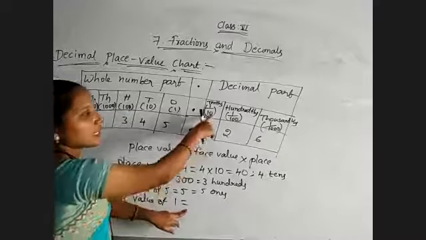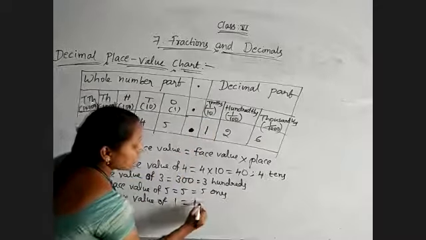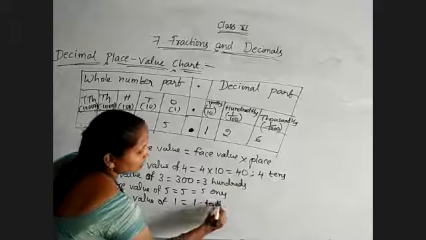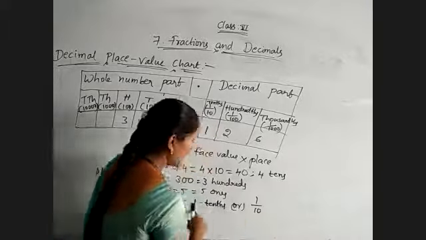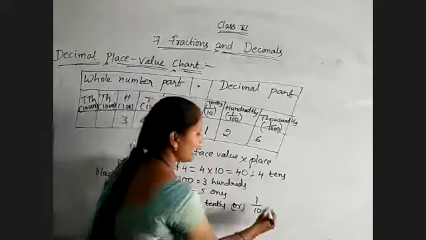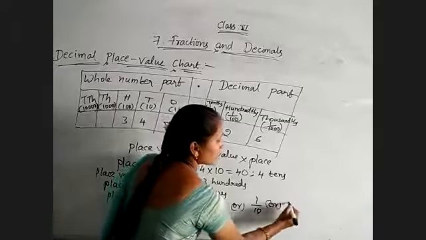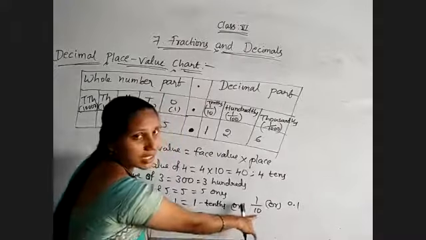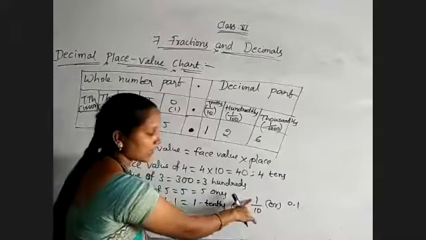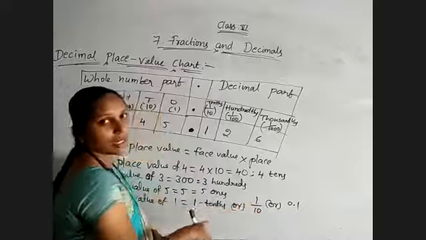So 1 is in tenths place, 1 tenths is in words, otherwise in fractional form 1 by 10. 1 into 1 by 10, that is 1 by 10 only, or 0.1. Why am I writing 0.1? Just observe, only one digit is there, so before that one digit we will get the point.